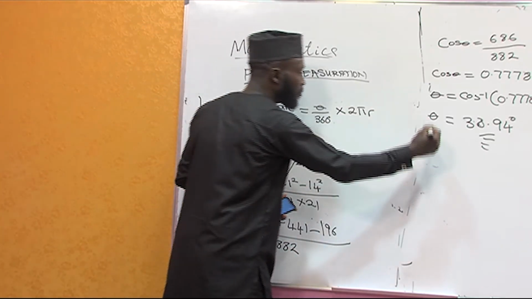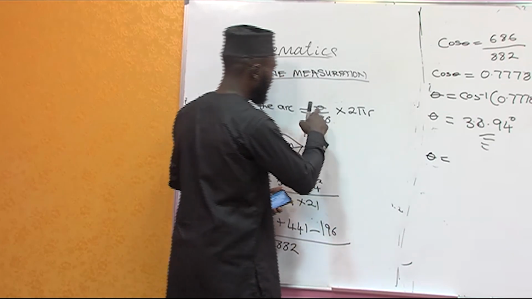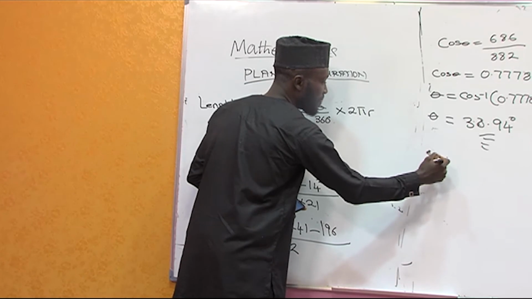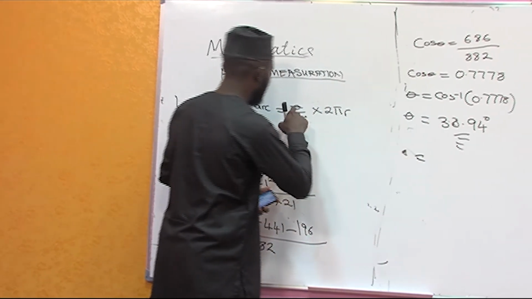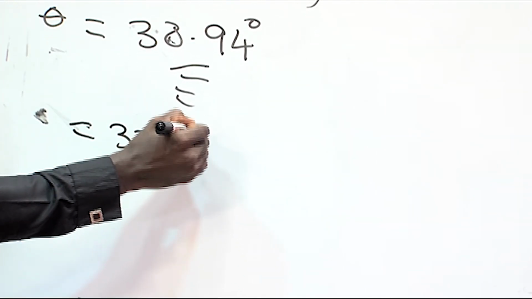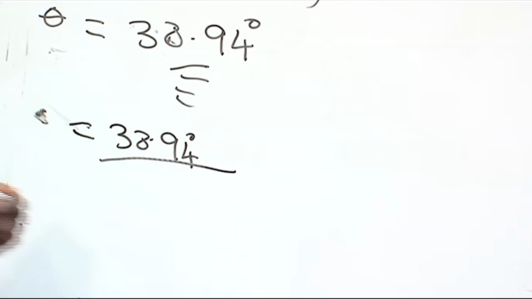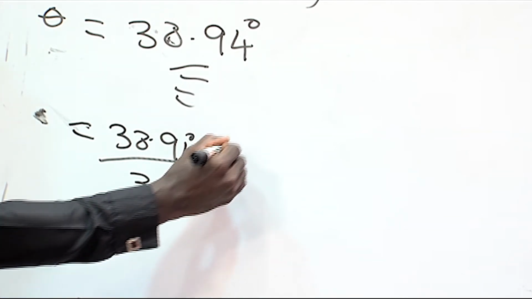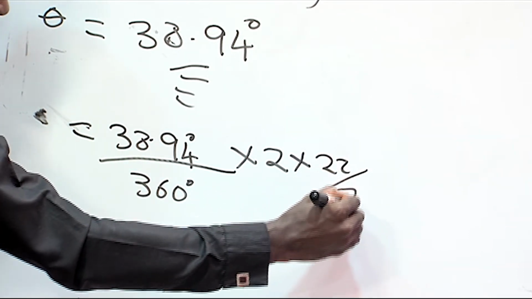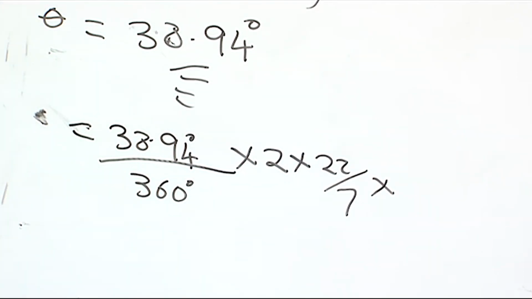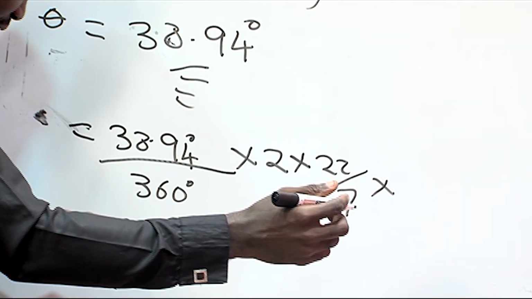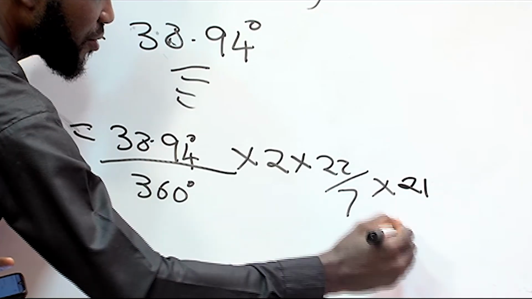So the length of the arc will be equal to theta, which is 38.94 degree, divided by 360 degree multiplied by 2 multiplied by 22 over 7 multiplied by my r, the radius, which is given to be 21. So this can be over 1.